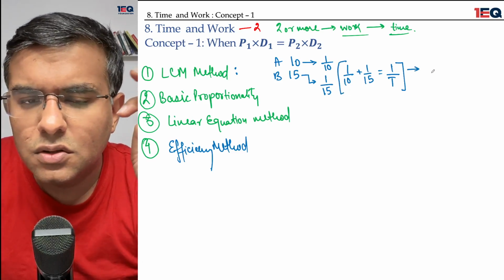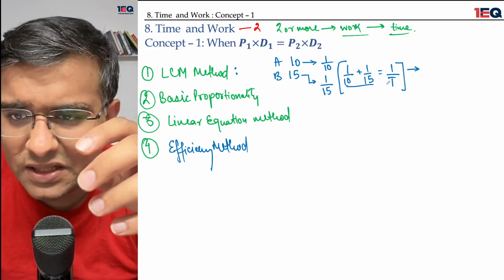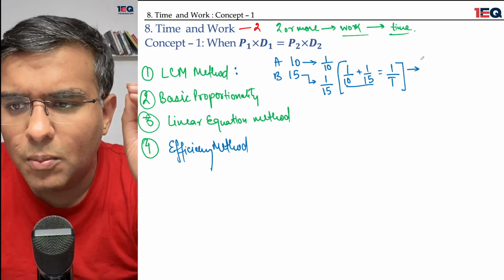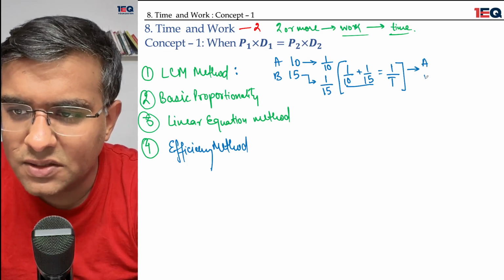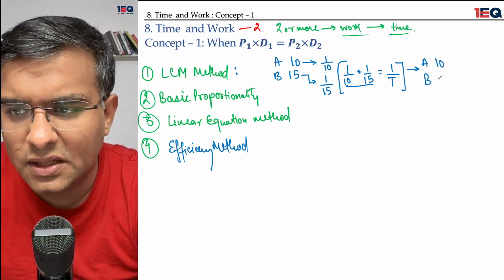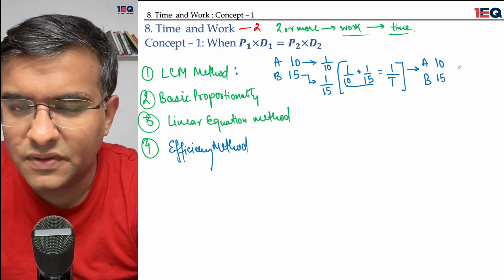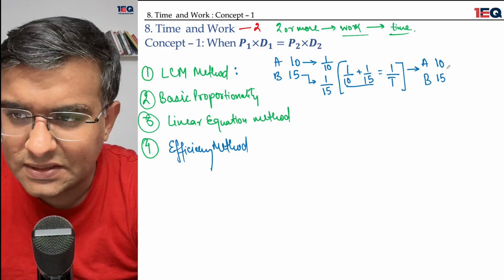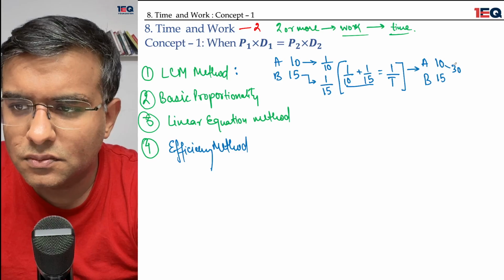Got it? So what happens in the LCM method is, here you will actually have to take the LCM and solve this equation. But what we recommend to our students is that whenever A and B are taking, let's say, 10 days and 15 days to finish a task, we'll quickly find out the LCM. The LCM of 10 and 15 is equal to 30, right?